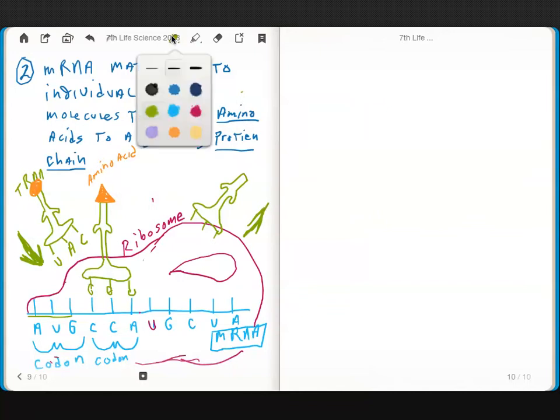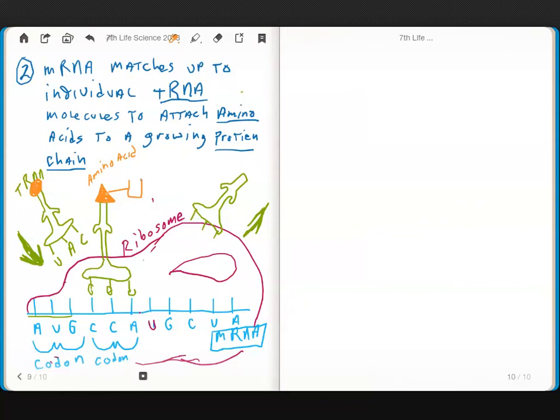And it's coming in and delivering amino acids. And here is the amino acid that used to be attached to this tRNA. I'll draw a little ghost amino acid here, a square one.